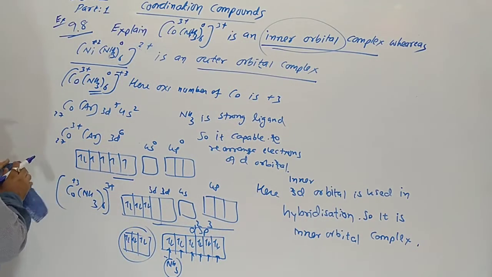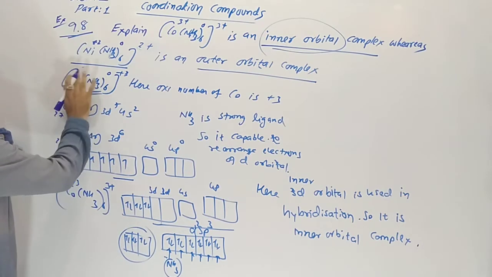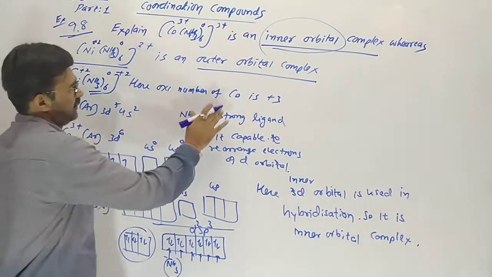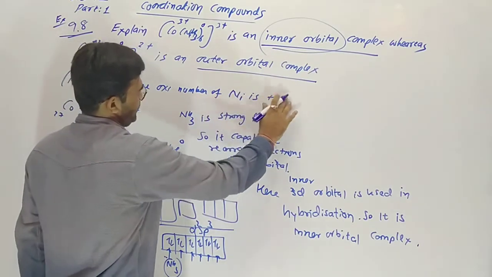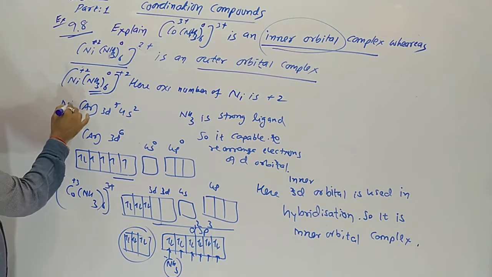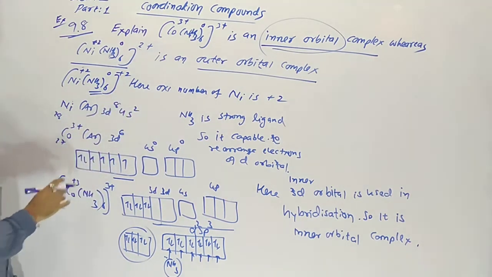In the case of Ni(NH3)6 2+, here the oxidation number of nickel is plus 2. So in nickel, atomic number 28, 4s2 3d8.